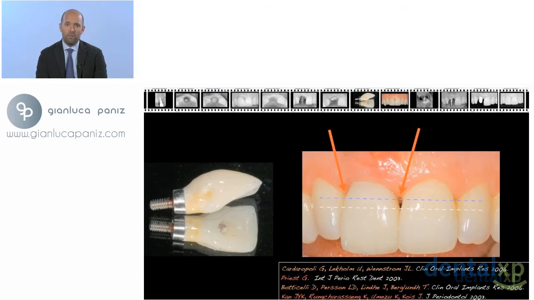The opposite thing is happening on the interproximal aspect of the implant, in which we can see that the tissue, little by little, is moving more coronally, as you can see on this picture.